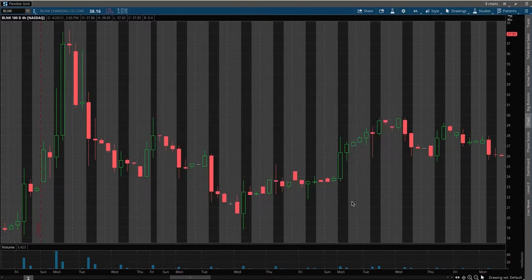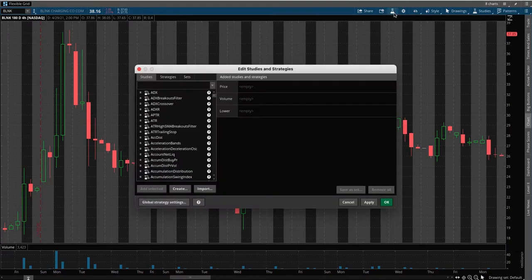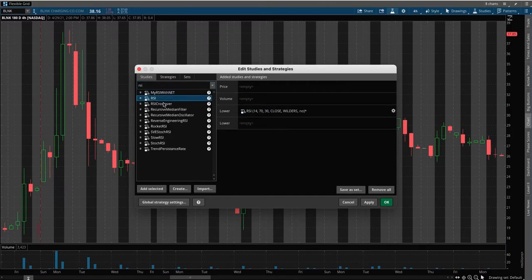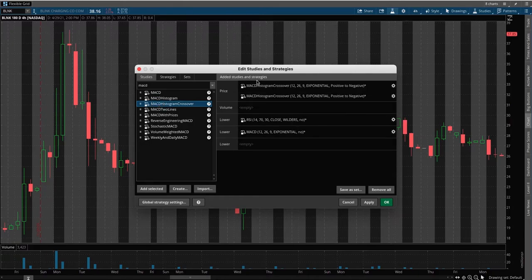So we're going to, see this little vial right here? It's like a science vial. It says edit studies. So go ahead and edit studies right here. I like to first start with RSI, relative strength index. Double click, make sure it's over here. MACD, double click, make sure it's over there. I like to do MACD histogram crossover, 2 of them, see how they're on price.